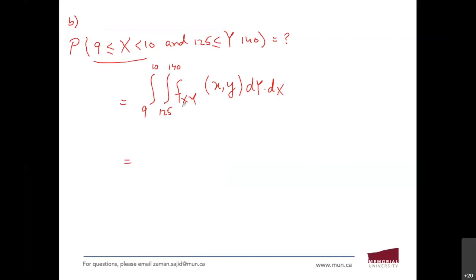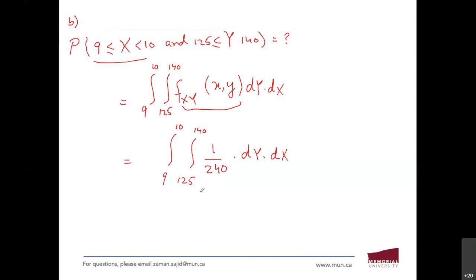Now I know this is 1 over 240, we just found that out. And I take its integral from 125 to 140, and this integral is from 9 to 10, into dy into dx.